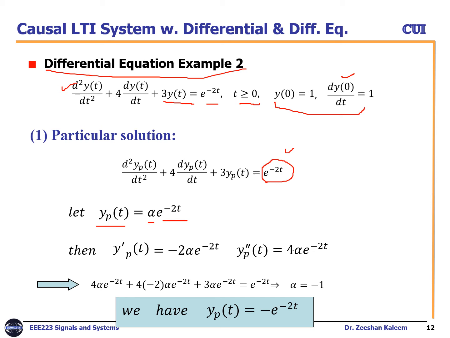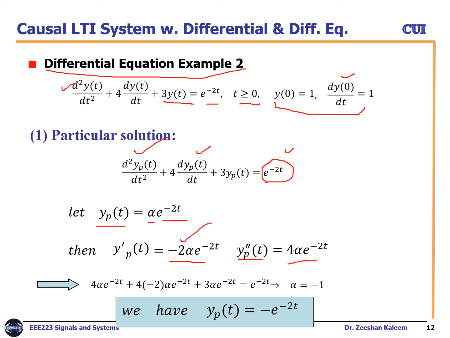Then take the derivative, because we have a derivative and a double derivative here as well. The first derivative becomes minus 2 alpha e^(-2t). Taking the derivative again, minus minus becomes plus, so it becomes 4 alpha e^(-2t).